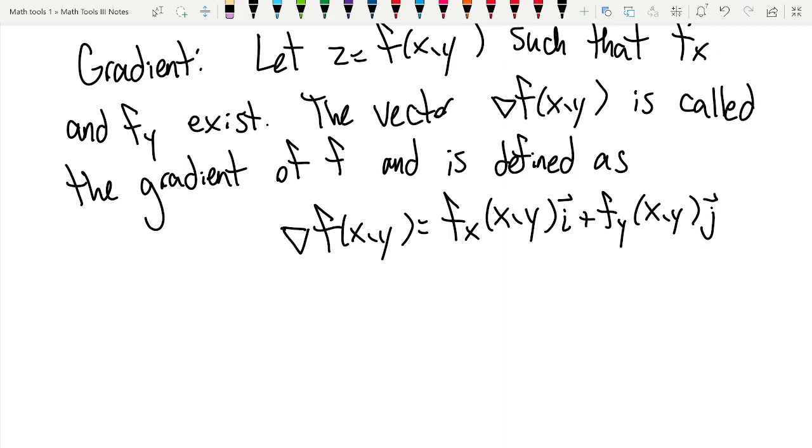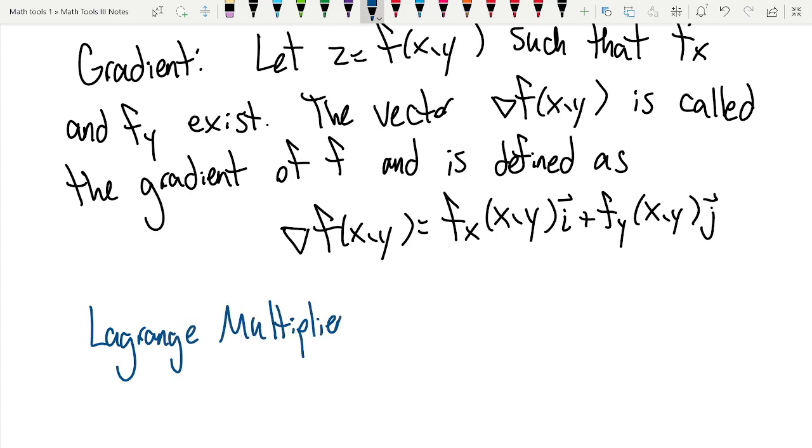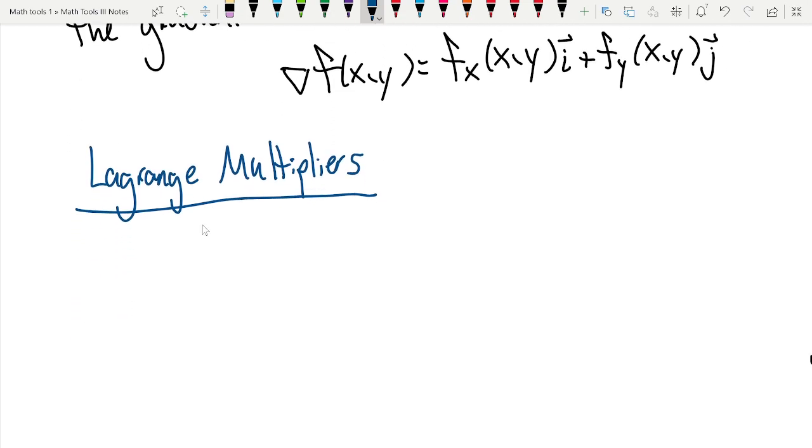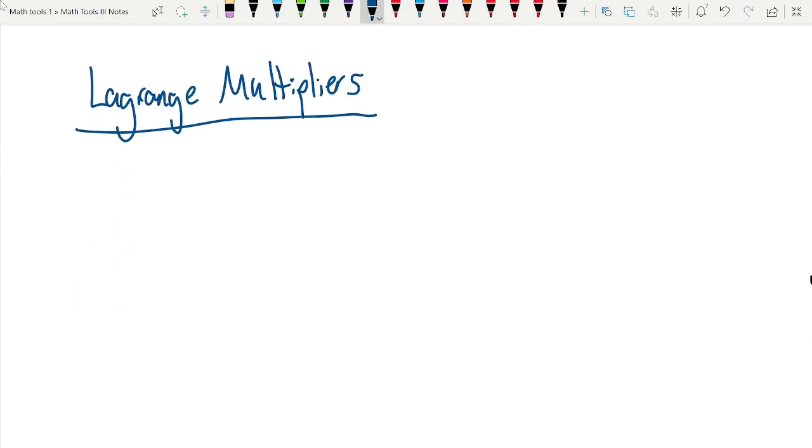We'll just call this Lagrange multipliers. First we'll state the theorem behind the method, and then we'll go through the actual method itself in steps.